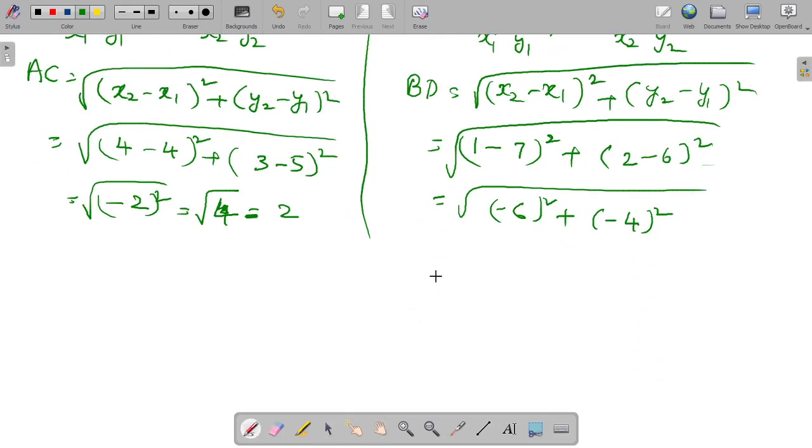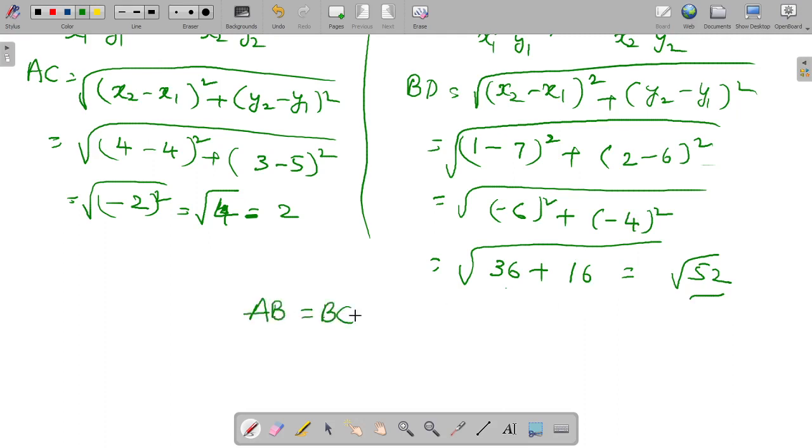This is 36 plus 16, which is 52, the square root of 52.